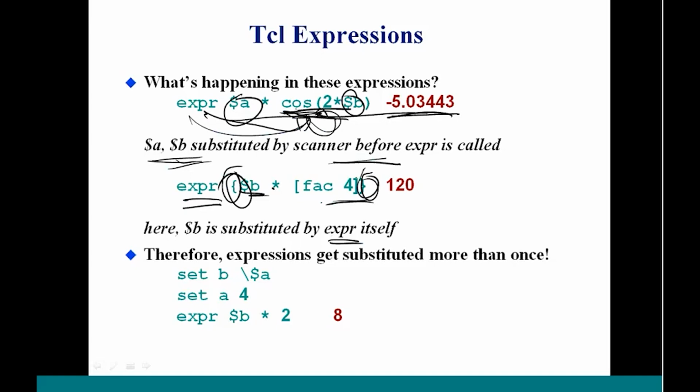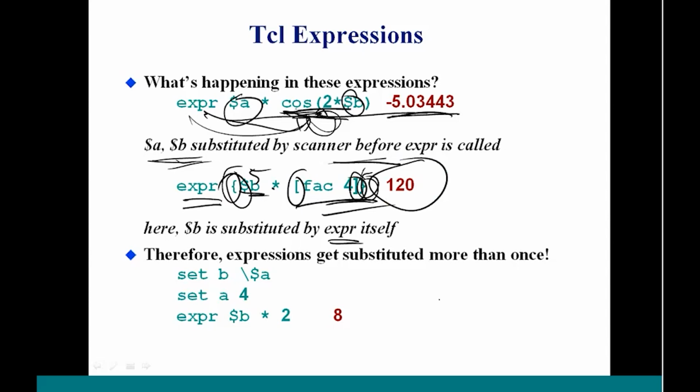The reason is because of this, and it needs to have a single word expression, so it basically substitutes this. So you get again 5 times these, which are also substituted, so this is evaluated and you get finally 120. So the expressions can get substituted more than once.